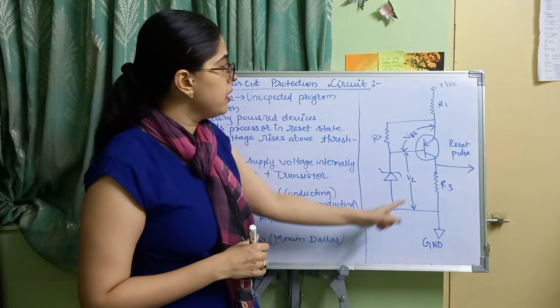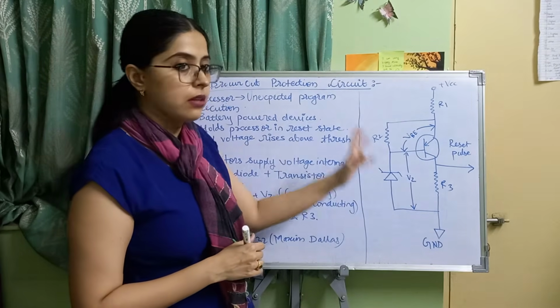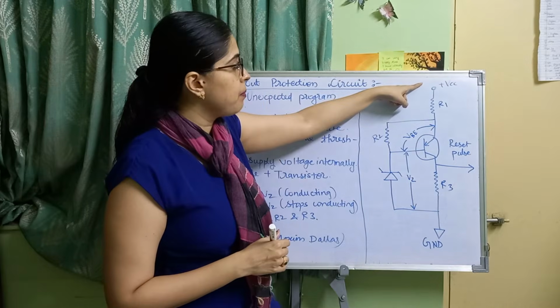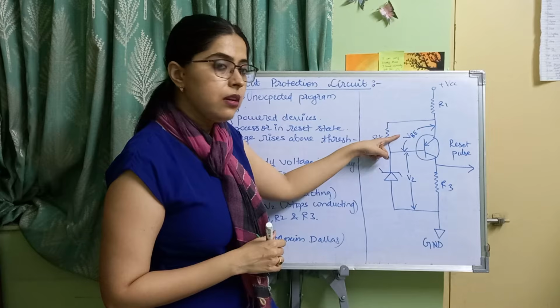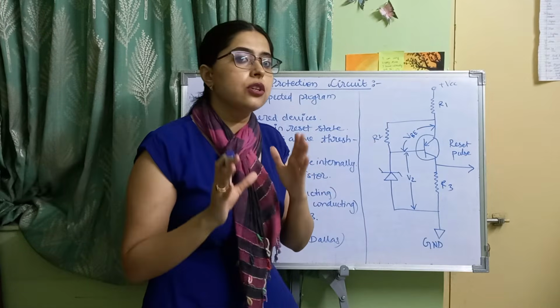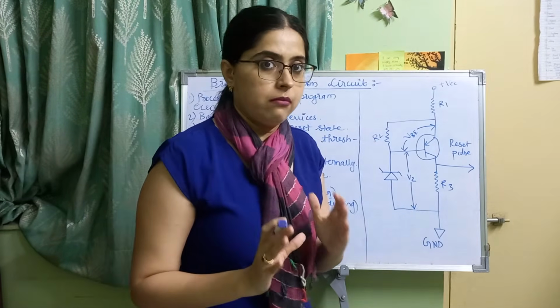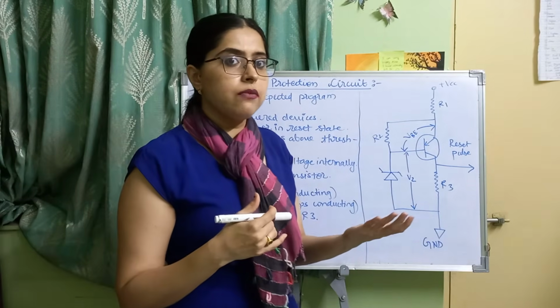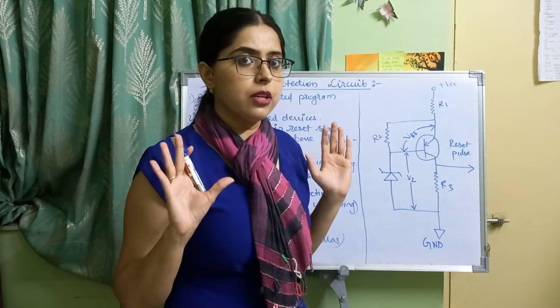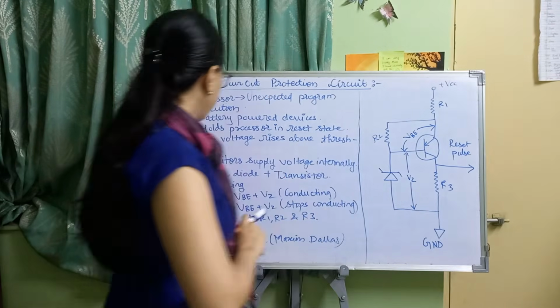This circuit diagram is of the brownout protection circuit, where VCC is the supply voltage, VBE is the voltage across the transistor, and VZ is the voltage across the Zener diode. So these are the three voltages, and according to the values of these three voltages, the brownout protection circuit works.